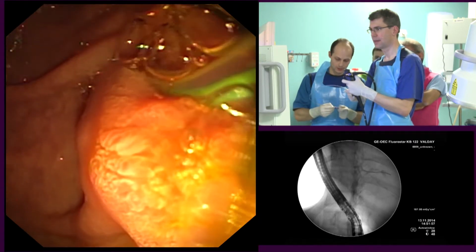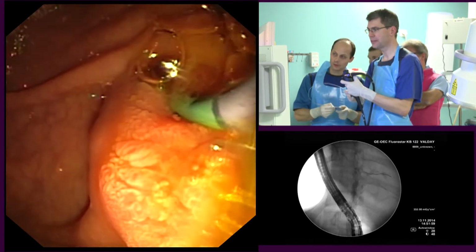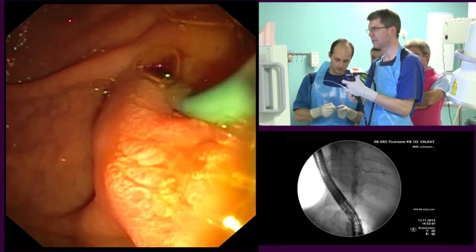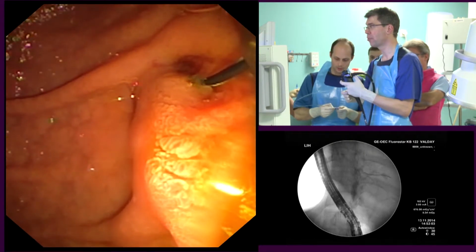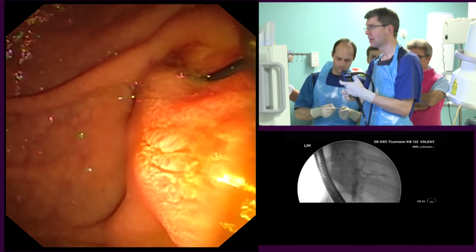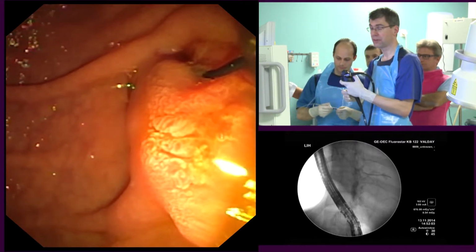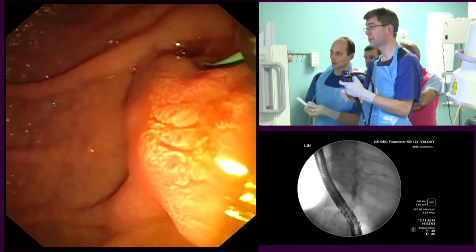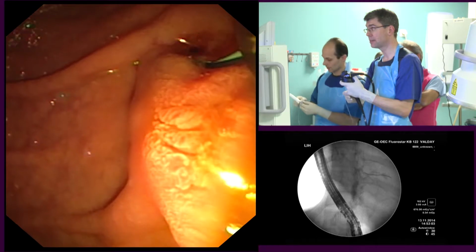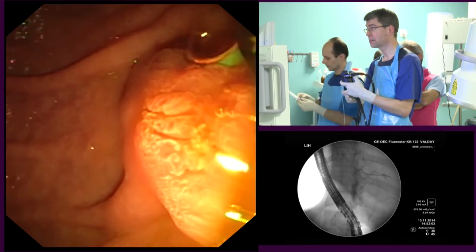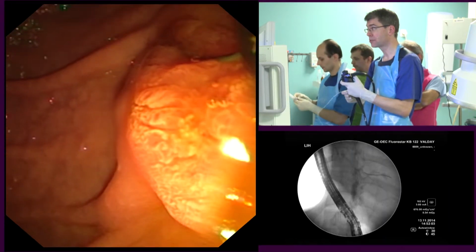So, in PSC patients, it's very tough. There's not one single method of doing proper early diagnosis of cholangiocarcinoma, and you always have to combine your modalities: CA19-9, transcutaneous ultrasound, ERCP, and even cholangioscopy.